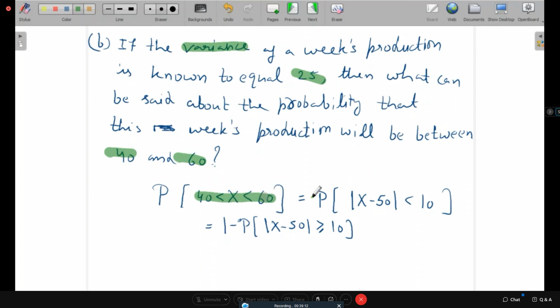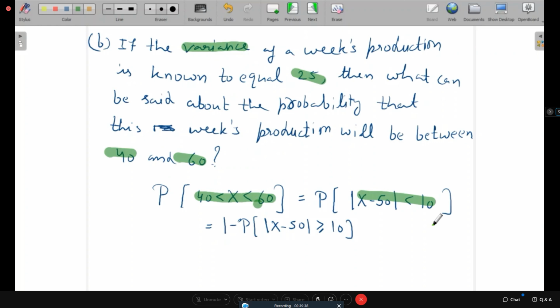You can rewrite this as follows. X lies between 40 and 60, so X minus 50 will lie between minus 10 and plus 10. There are various ways to do it, and I have written it in one of them: mod of X minus 50 less than 10.